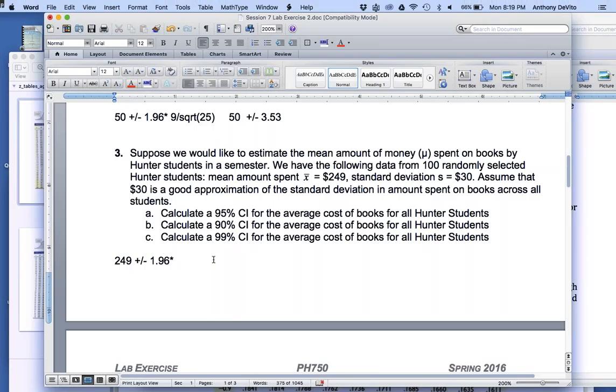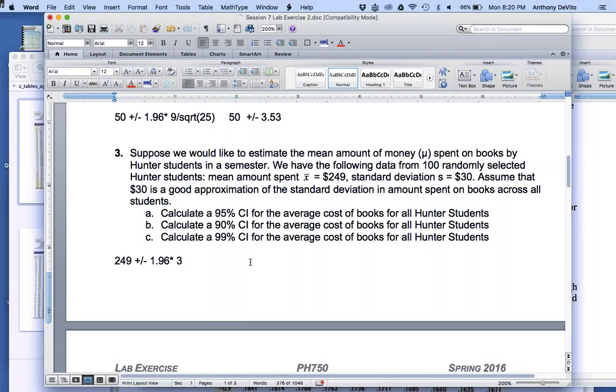So it's equal to 3, right? I'm going to let you go ahead and calculate that. It's roughly 6 below, about 241, and 6 above, 255. A little bit off because it's going to be 1.96.